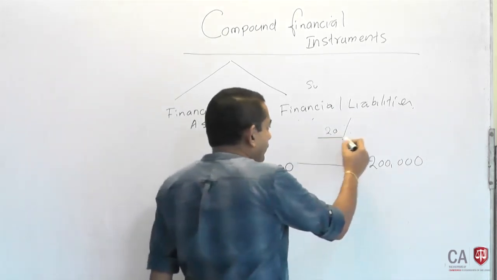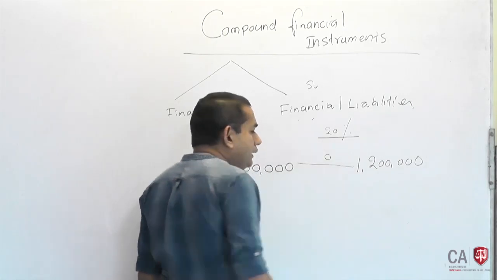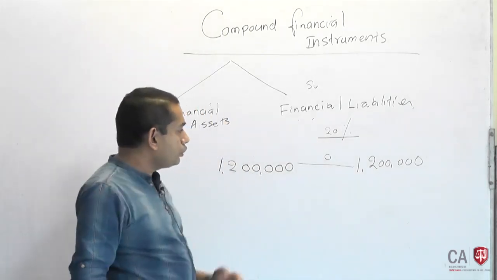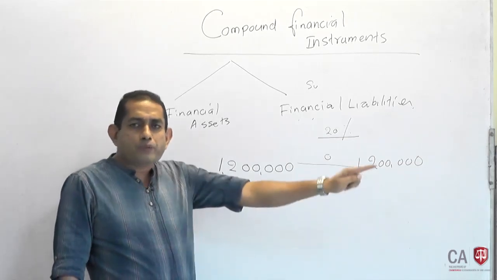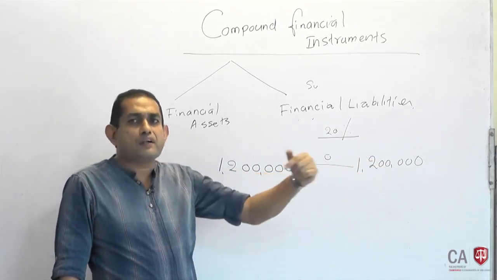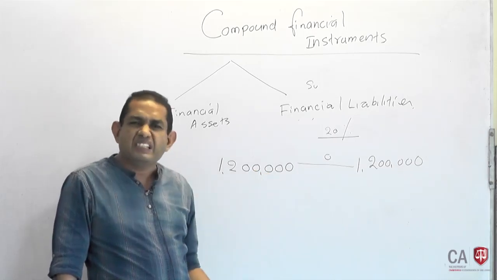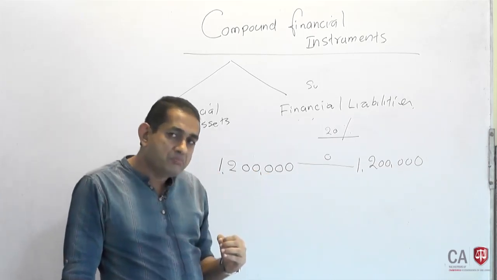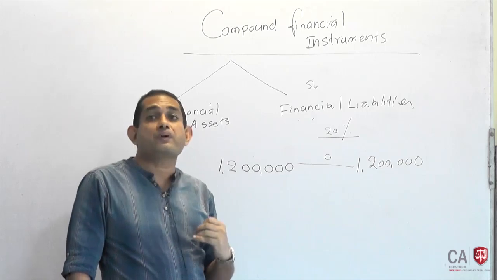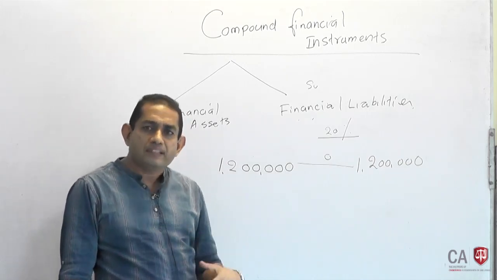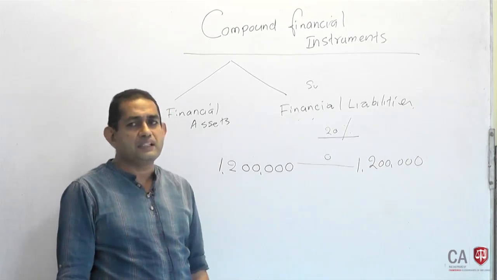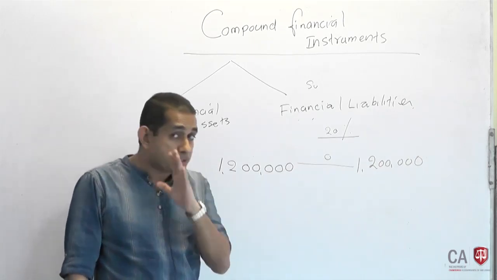Market rate is 20, and what is the rate at which we have taken the loan? 0%. So, what makes the lender grant us the loan at 0%? There has to be some relationship or other additional element. If not, the lender would never give us the loan at the 0 rate. This is the additional relationship.